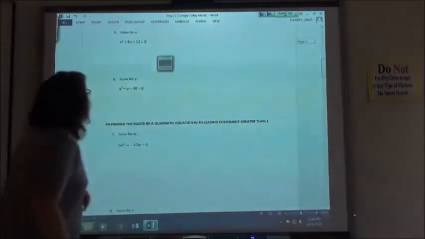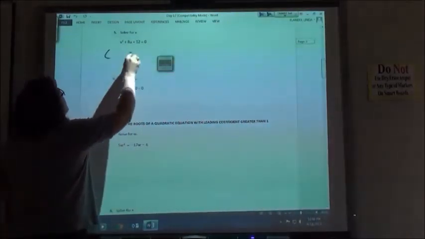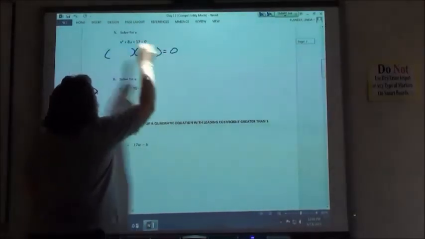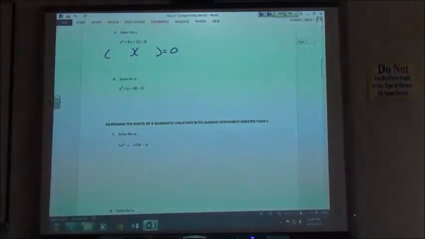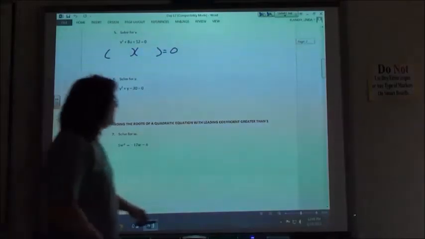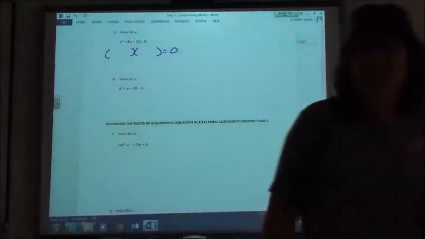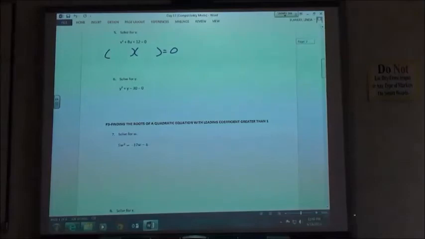So number 5, if we're going to factor that one out since it's already set equal to 0, factoring v squared plus, that's supposed to be a v, I'm assuming it won't work if it's a u. Make it a v.